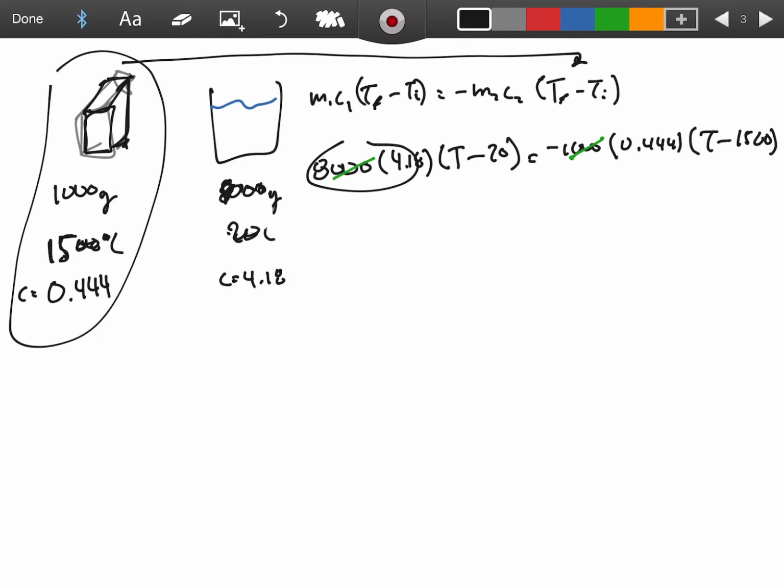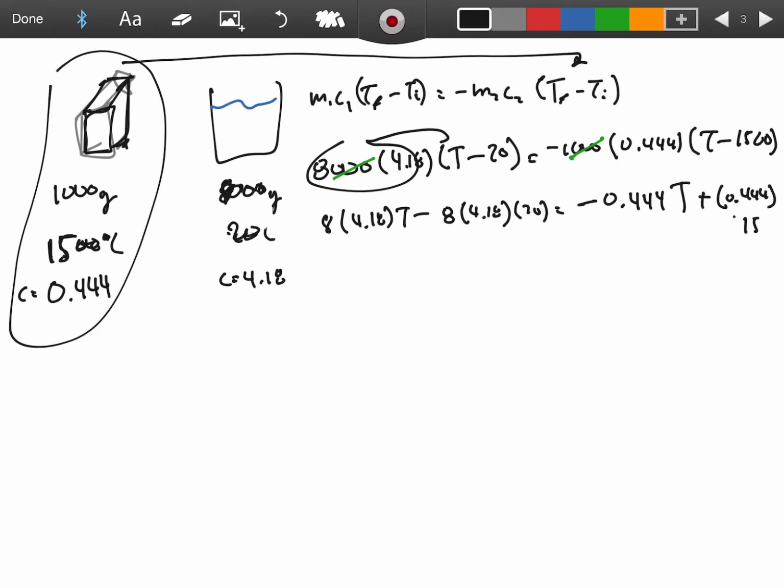Distributing, I have 8 times 4.18 T minus 8 times 4.18 times 20 equals negative 0.444 T plus 0.444 times 1,500.